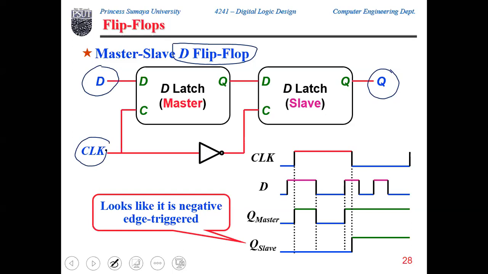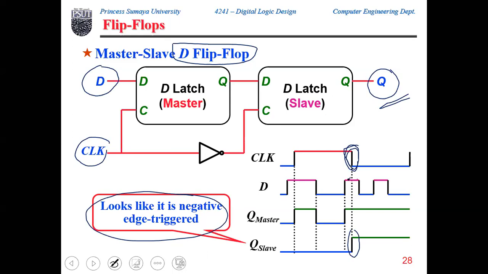In this example, the stored value, which is in our case the slave, is only allowed to change at this edge. It looks like it is negative edge triggered.